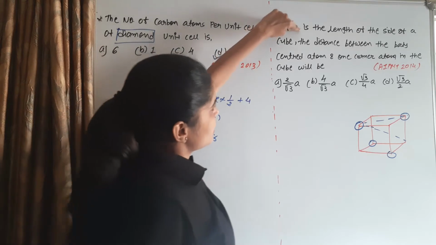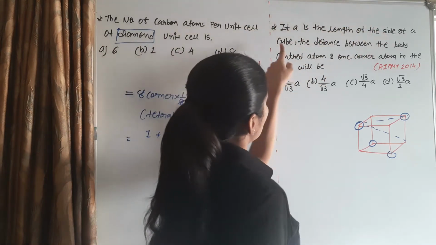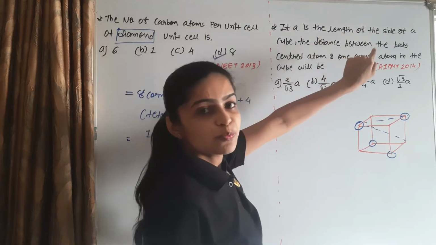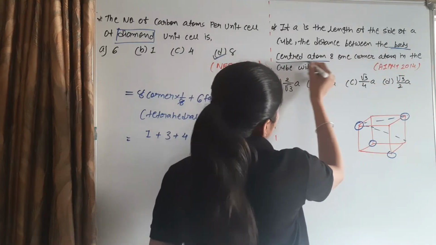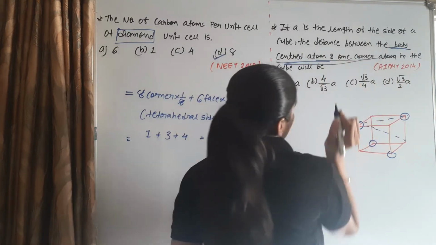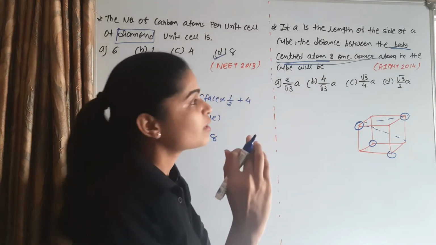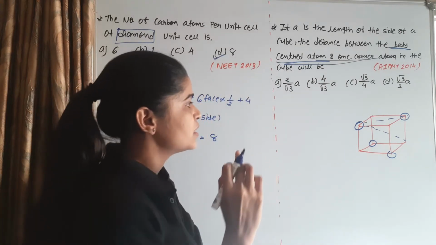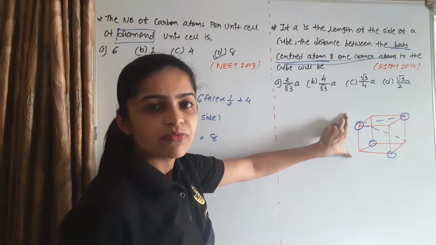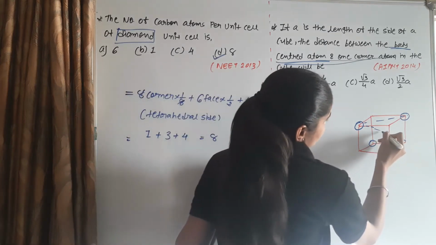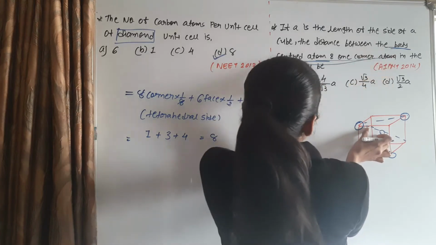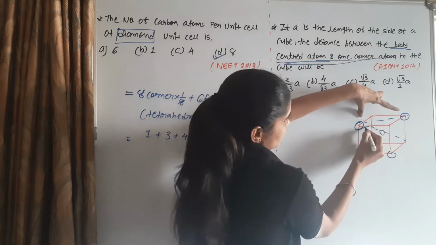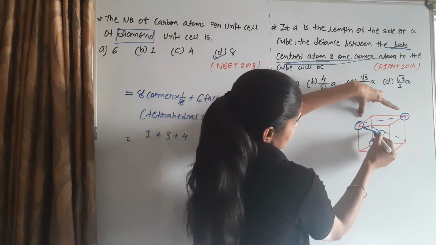Second, if a is the length of the side of a cube, the distance between the body center atom and one corner atom in the cube will be? So this is the cube, and this is the body center. How do we find this distance?